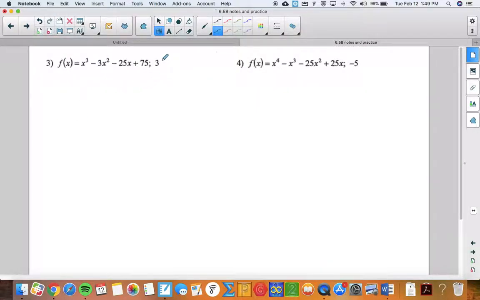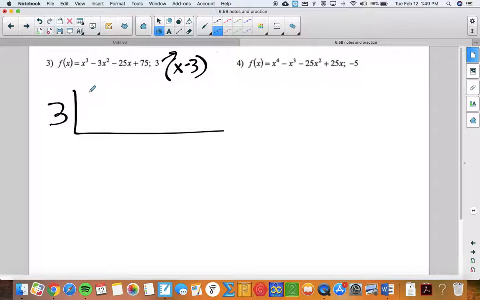Number 3. If one of the zeros is positive 3, that comes from the factor of x minus 3. So just keep that in mind. We're synthetically dividing with 3, or substituting 3 in. So our coefficients are 1, negative 3, negative 25, and 75. Notice that no terms have been skipped, so I don't have to worry about putting a 0 in.